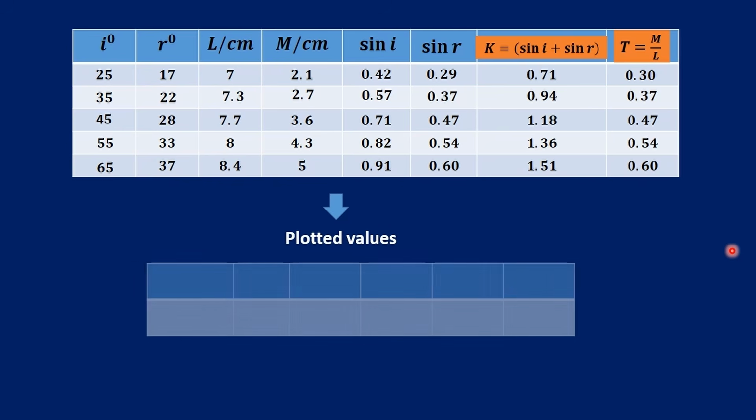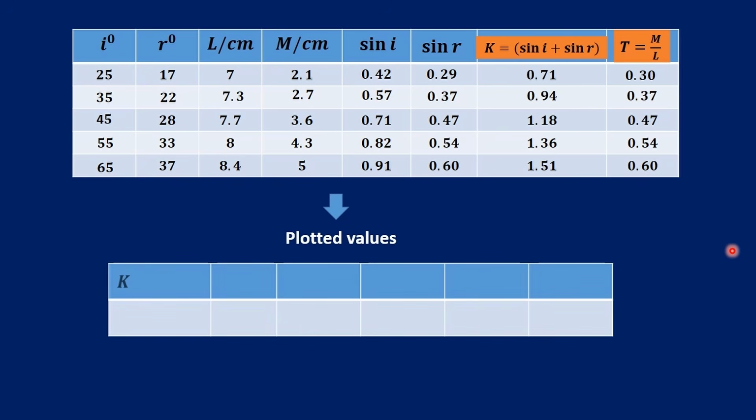So for the plotted values, we need the values of K. The values are all decimals, and it will be very difficult to plot decimals on a graph accurately. So we convert them to standard form. We move this point twice to the right, so we have 71 times 10 exponent negative 2.